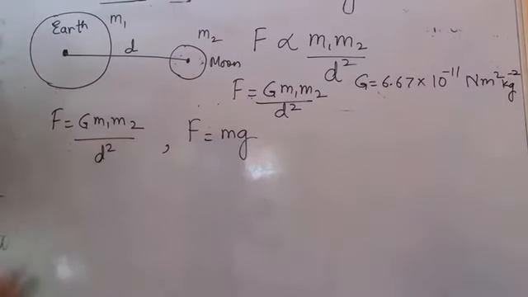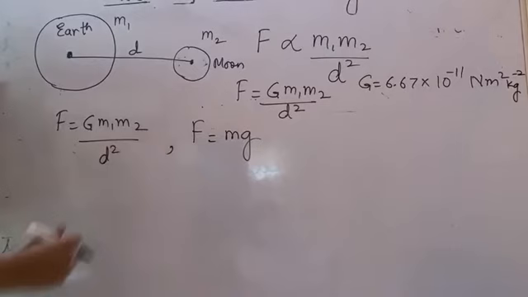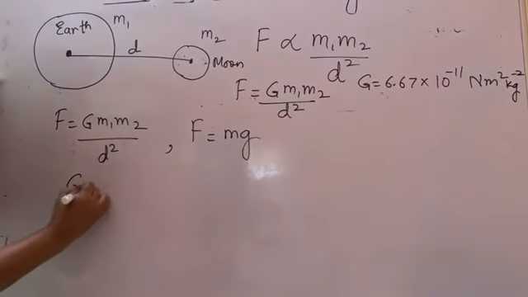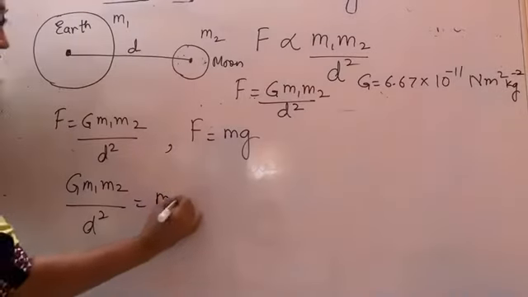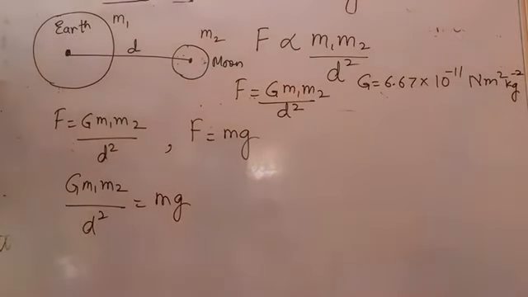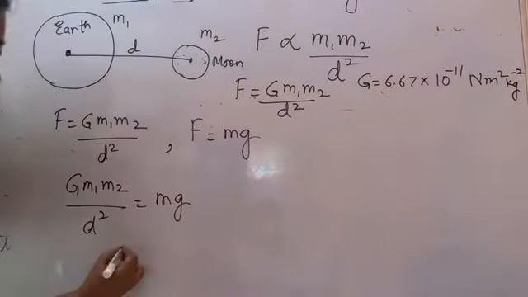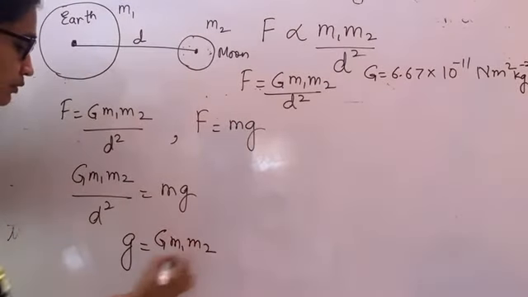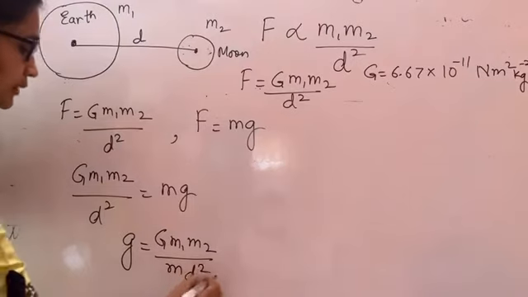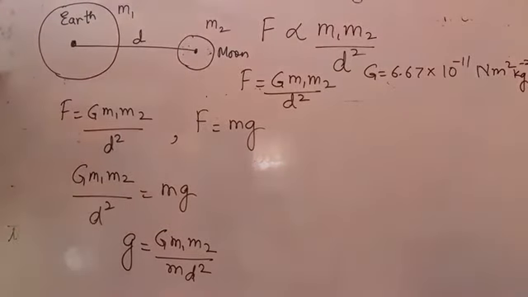This is equation 1, equation 2. Both are F. I can equate them as G m1 m2 upon d square is equal to mg. Right? Now this g I can also take as G m1 m2 upon m d square. I took this m down over here.